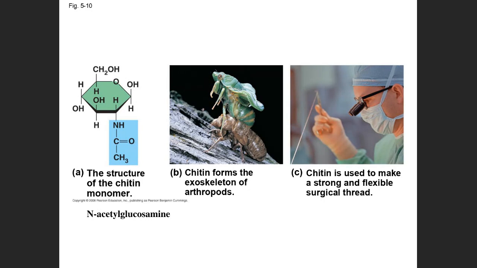Now, N-acetylglucosamine is also a structural component of many bacterial cell walls. Peptidoglycan in bacteria includes N-acetylglucosamine. So that was there, and the bacteria used it in their cell walls. Insects use it in their exoskeletons. Fungi use it in their cell walls.